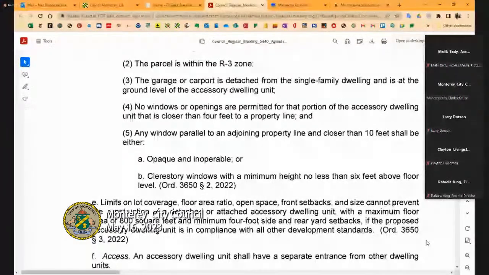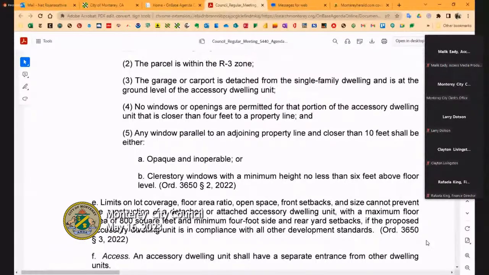The challenge that one applicant is experiencing right now, it's an R3 property in New Monterey neighborhood. There's an existing single-family house. They're proposing a second-story ADU above a garage. They put the bedrooms across the back of the property, along the rear property line, I believe 4 feet from the rear property line. And bedrooms require egress.